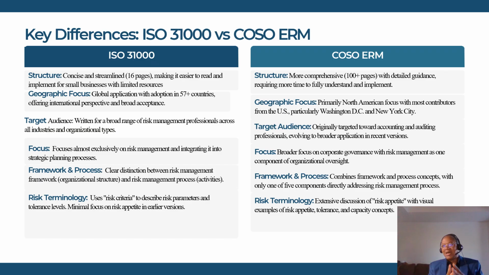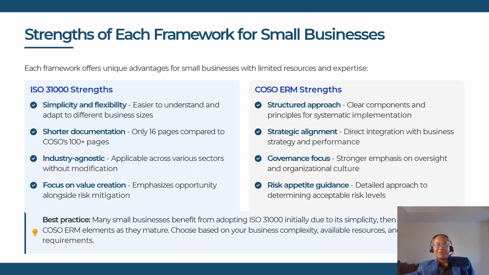For instance, ISO 31000 uses risk criteria to describe risk parameters and tolerance levels. There is minimum focus on risk appetite in earlier versions, although later versions are beginning to also look at risk appetite. For the COSO ERM, there is extensive discussion of risk appetite, with visual examples of risk appetite, tolerance, and capacity concepts. These are the basic differences between both frameworks.